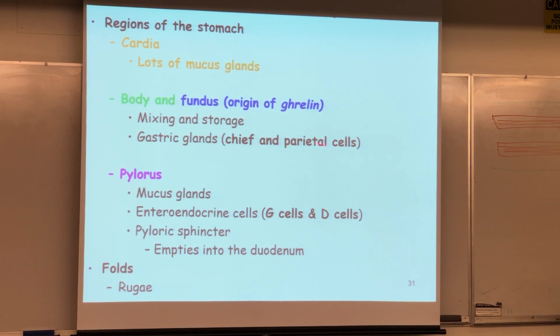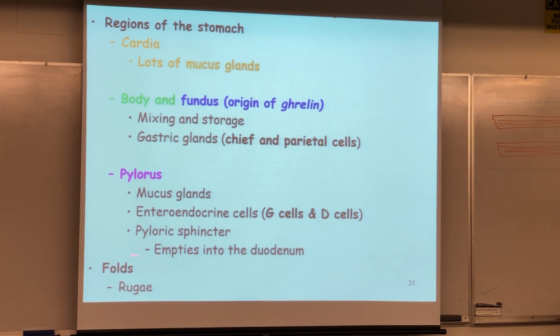Those guys are too far away for us to do paracrine or autocrine for hormones coming from the G or hormones coming from the D. Yes, we'll have some mucus glands in there, and we have your pyloric sphincter, which we know controls the emptying of food into the duodenum, just to reinforce that idea.